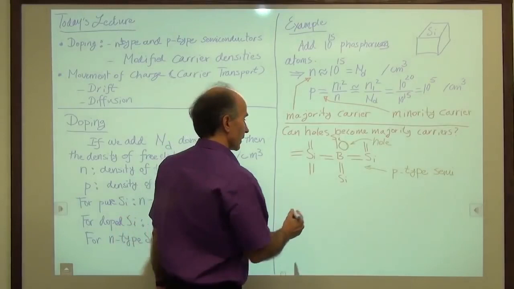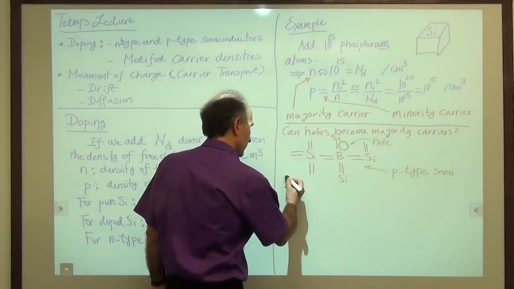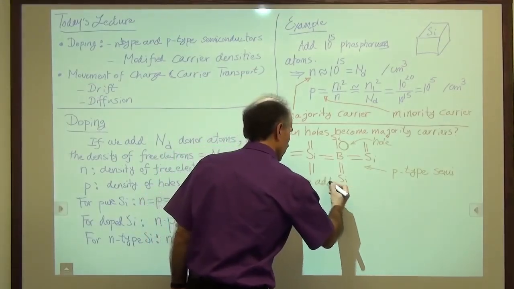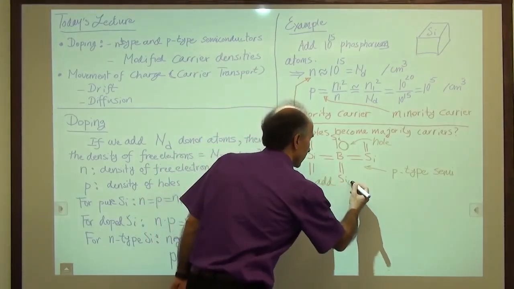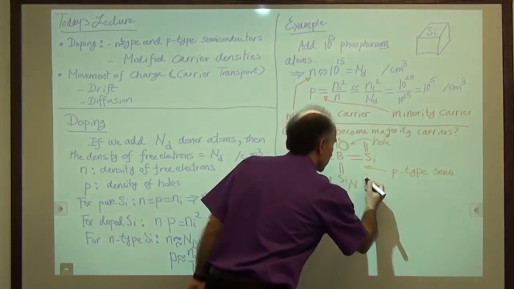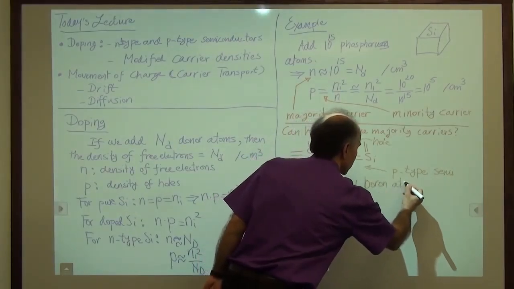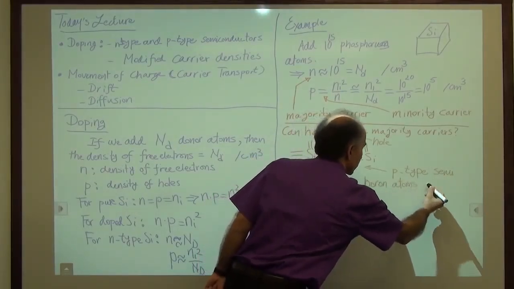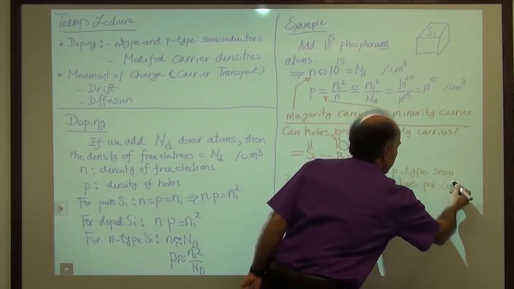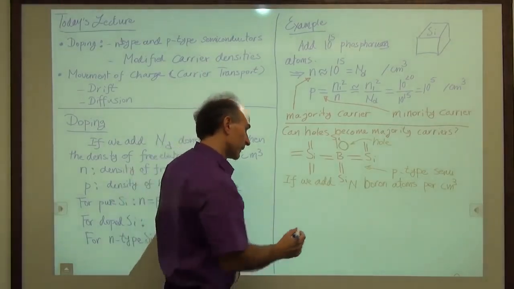And now we can repeat these equations. So let's say we add N boron atoms per cubic centimeter of silicon.